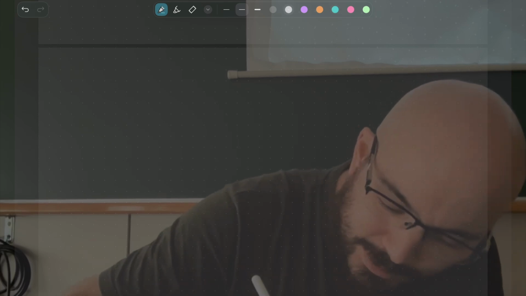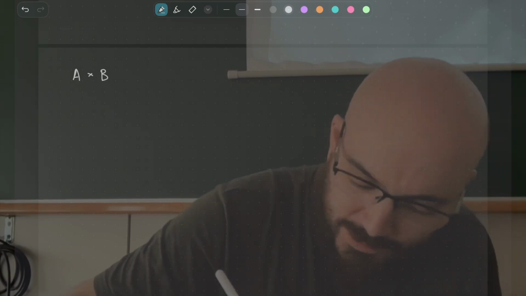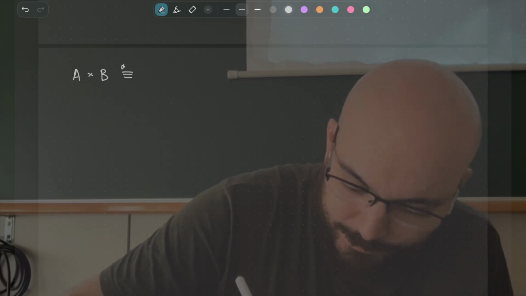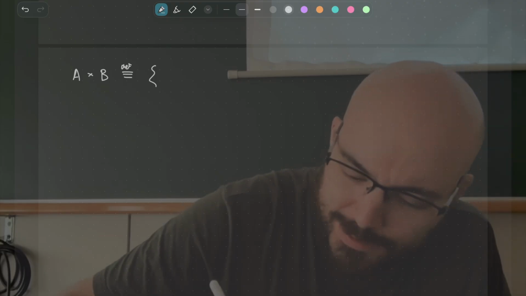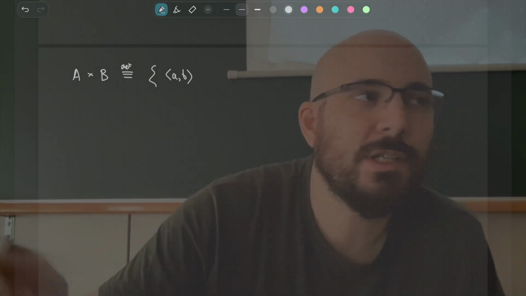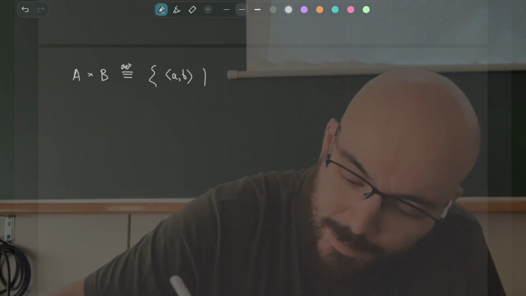Usually I avoid the category of sets for intuition. But let's see how the set theorist would define this. You would say something like it's the collection of all, and probably you have some ordered pair construction. You pick your favorite one, like Kuratowski or some other one, I don't know.